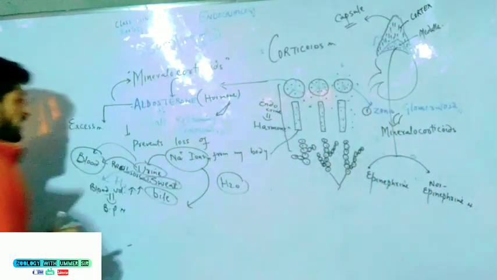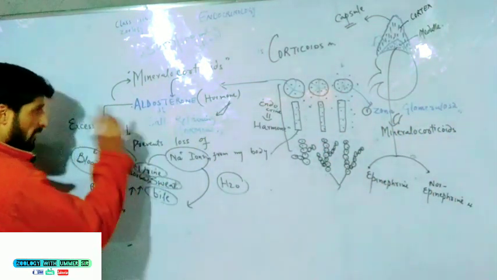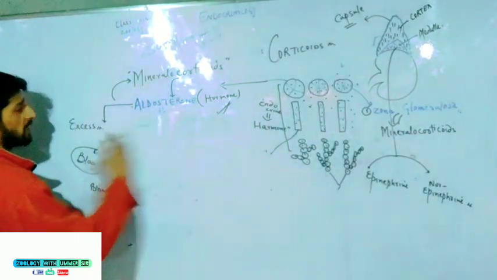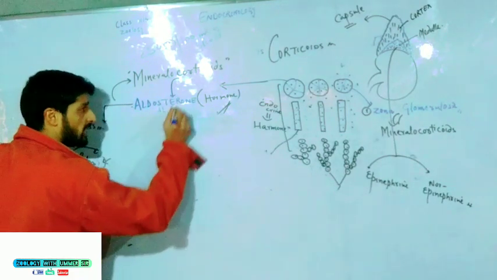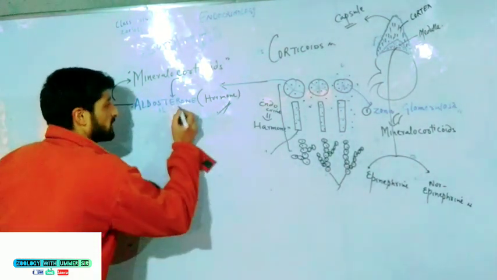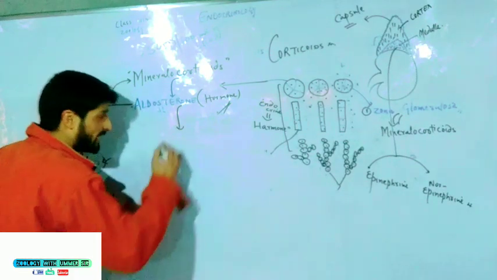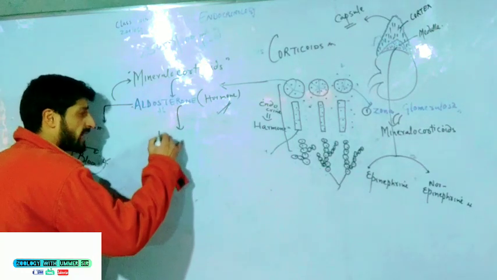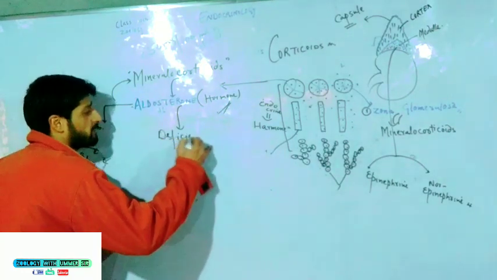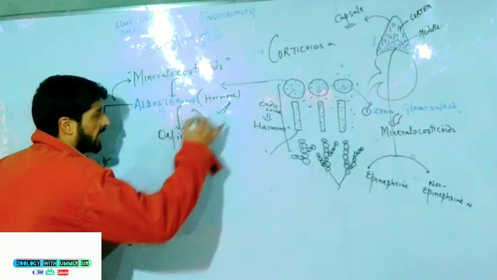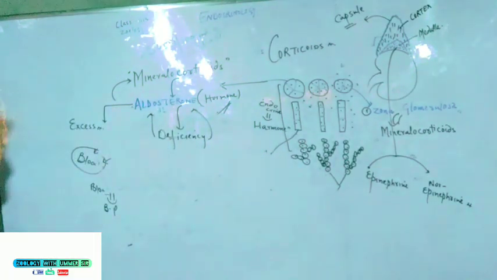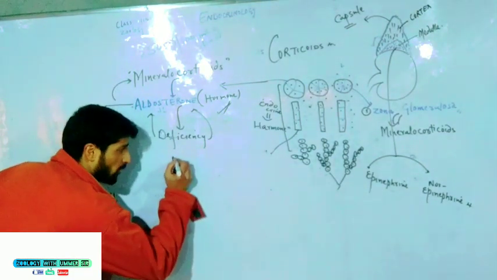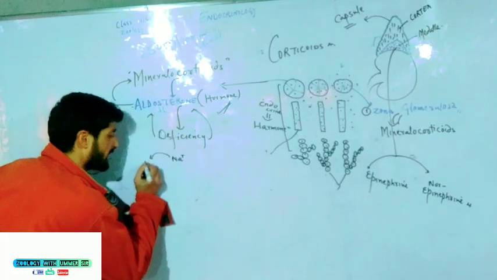But right now, let me come to the opposite concept: if the aldosterone hormone is secreted in trace concentrations or in less concentration, or if there is a deficiency of aldosterone hormone, it means that the sodium ions will not be reabsorbed back into our blood.